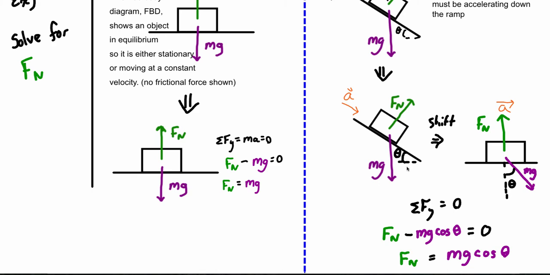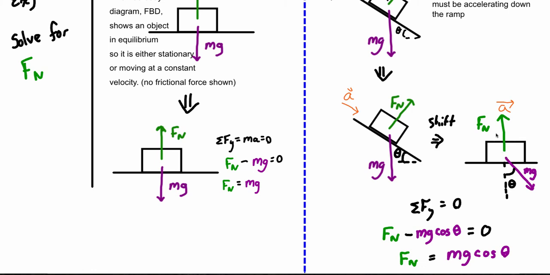Then we would have the weight, or the gravitational force, at an angle, but it's much easier to have just one force at an angle and have the acceleration not be at an angle. So in this scenario, it's much easier to do the shift and solve.